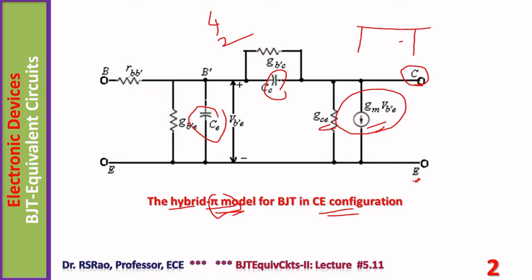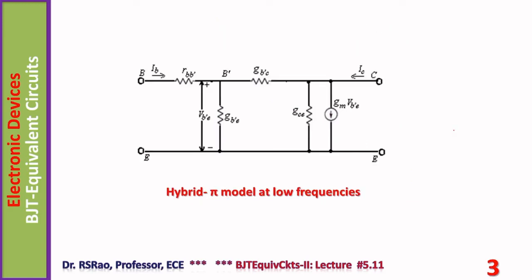What is RB prime? What is GB prime E? What is CE? What is VB prime E? What is GB prime C? What is CC? What is GCE? What is GM VB prime E? All these elements of the circuit are explained in the next slide or slides.